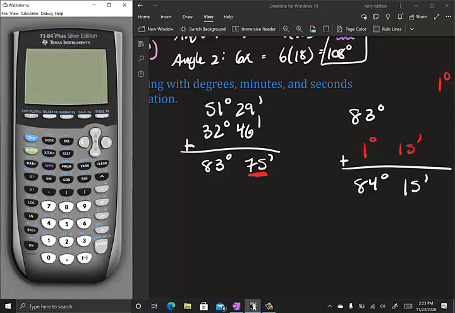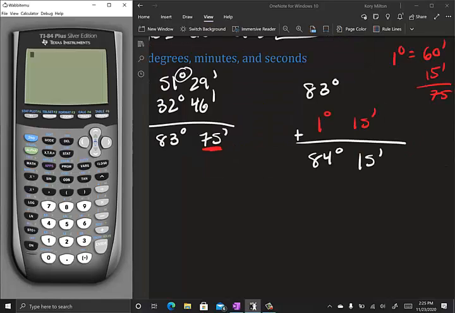All right, so with our calculator on, we need 51 degrees, 29 minutes. I'm not going to write down the steps, so you might have to pause the video and write them down yourself as I'm saying them. We have 51 degrees, so 51. To get degrees, it's second apps, number 1.